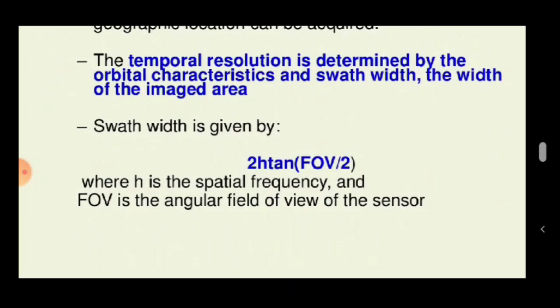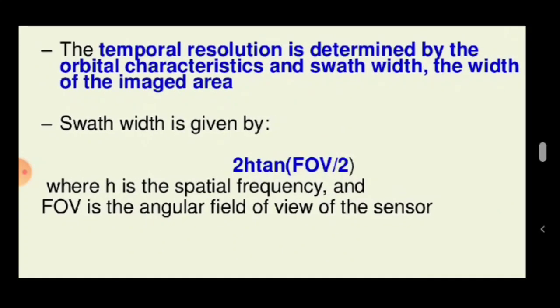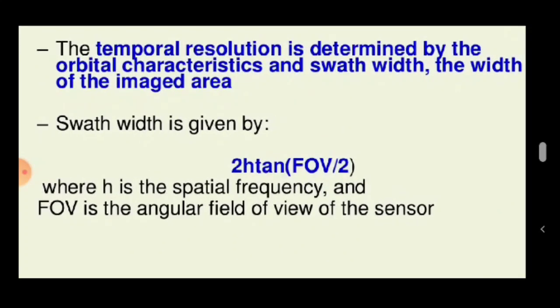I forgot to mention that swath is the area, or rather not the area, the distance on the ground corresponding to the field of view is called swath.